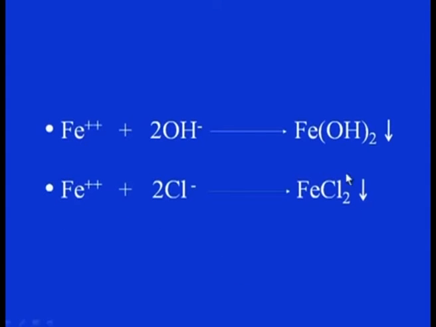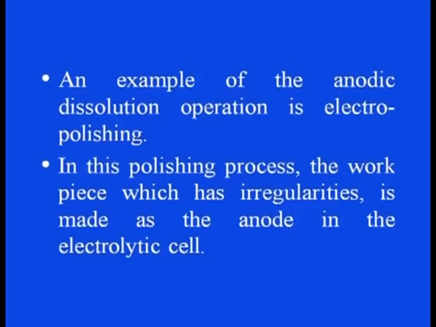This ferric chloride also will get precipitated as in the case of ferric hydroxide. Hence, in practice FeCl2 and Fe(OH)2 are formed and get precipitated in the form of sludge, and the workpiece gets gradually machined due to atomic level dissociation.